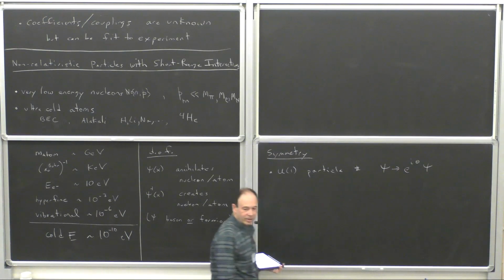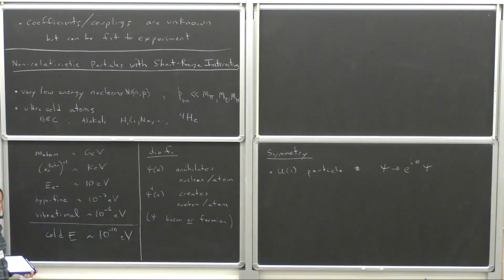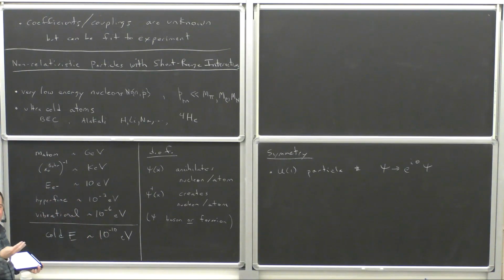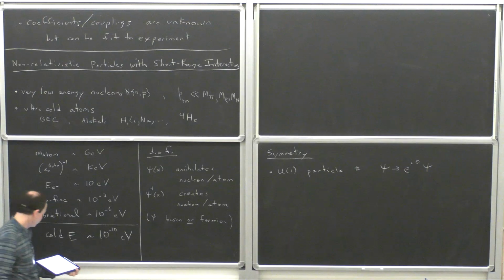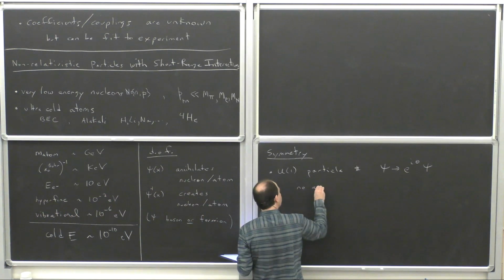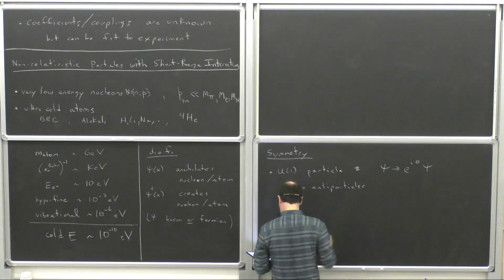And particle number here is preserved because the masses of the particles are very, very heavy. So we can't have pair creation in this problem because there's just not enough energy. If we have some atom that's cruising along, it can't split into three because we just don't have enough energy in the system for that to happen. There's no antiparticles, just particles.